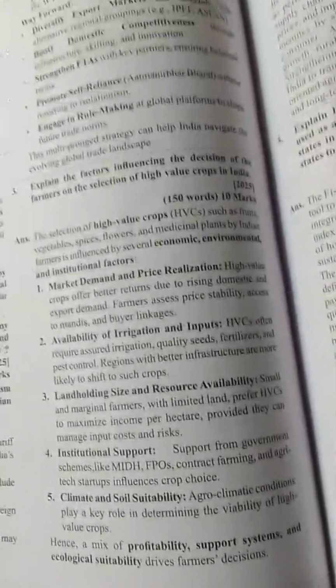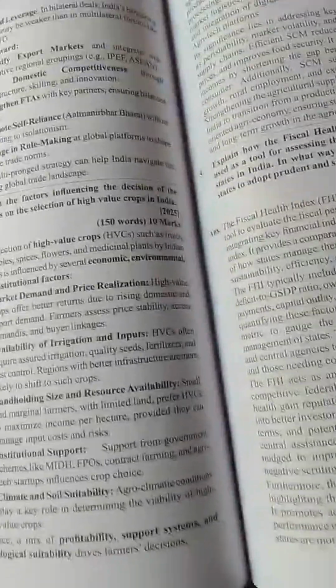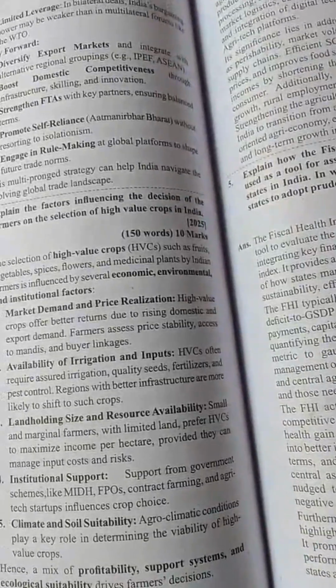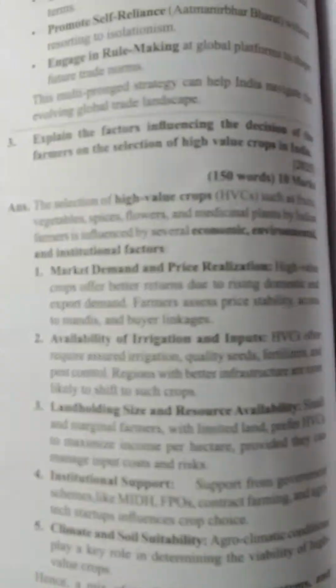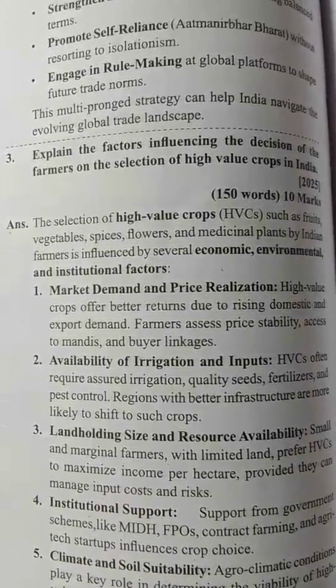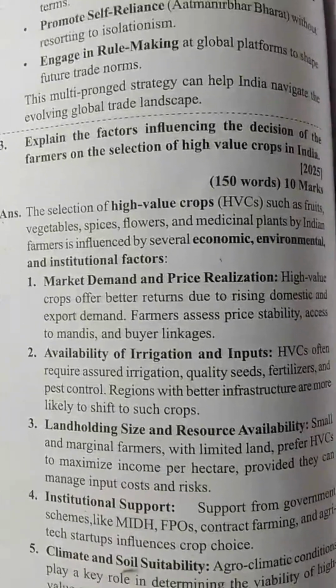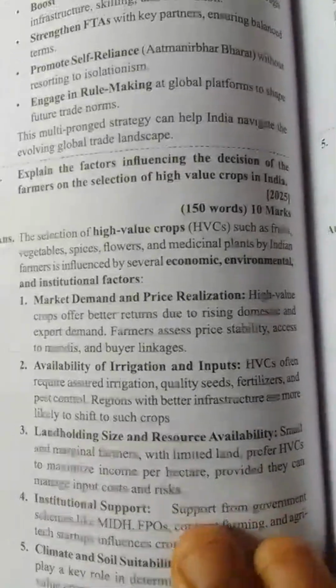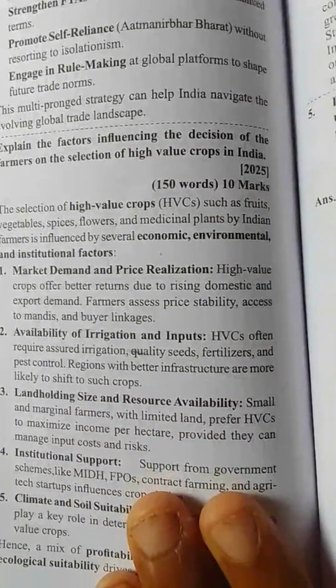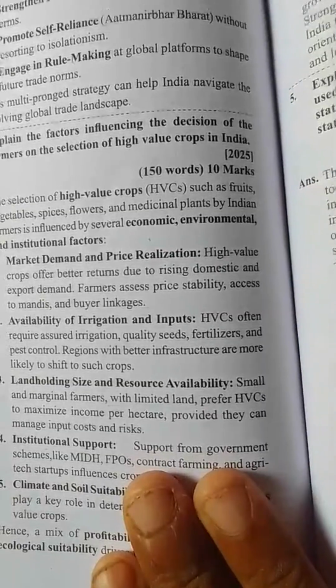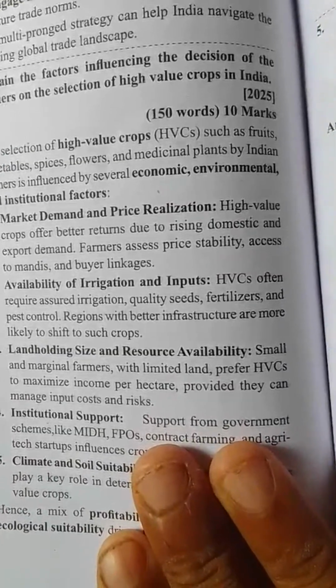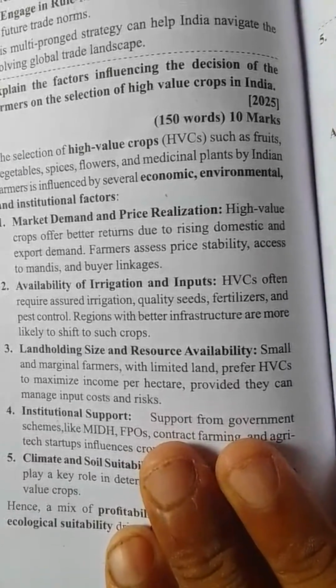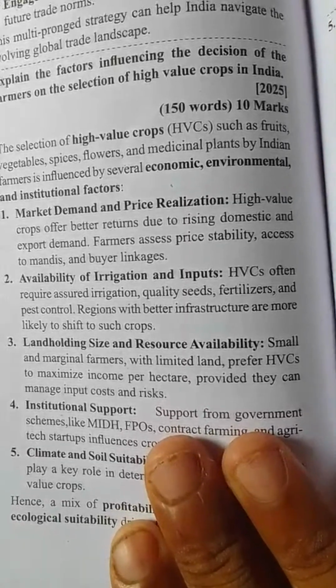Availability of irrigation and inputs. High-value crops often require assured irrigation, quality seeds, fertilizers and pest control.